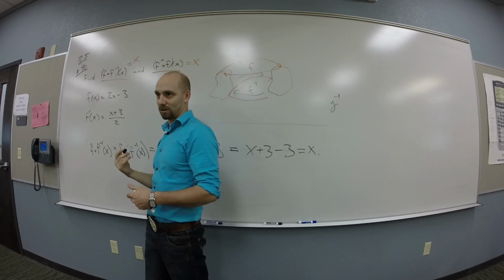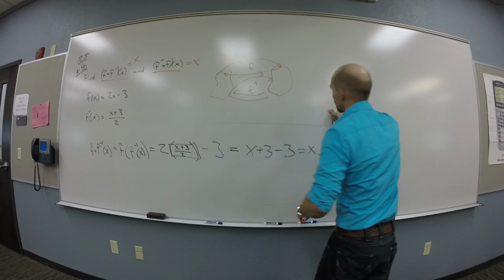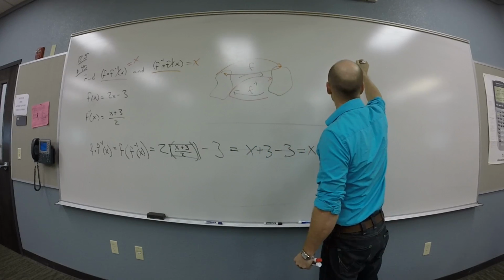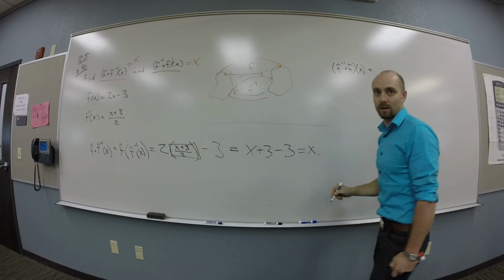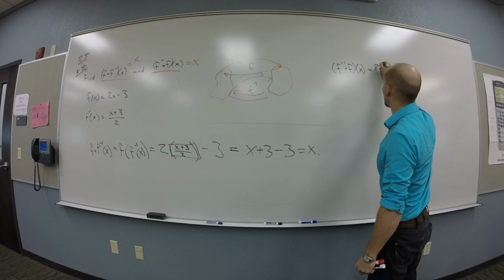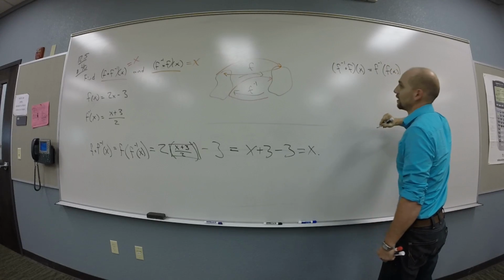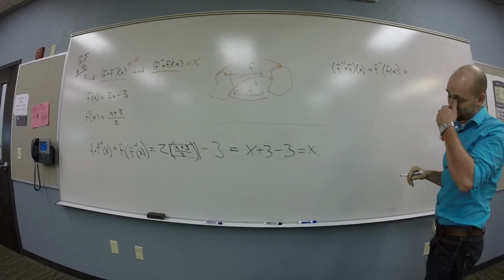You want to see the other one? It works exactly the same way. Okay, let's do it. This is the harder part. So here we're going to do f inverse of f to x. We rewrite that as f inverse done to f of x. Let me write down the rule for f inverse. What is it?